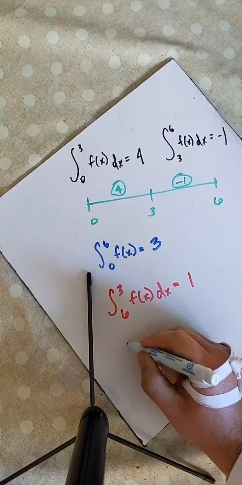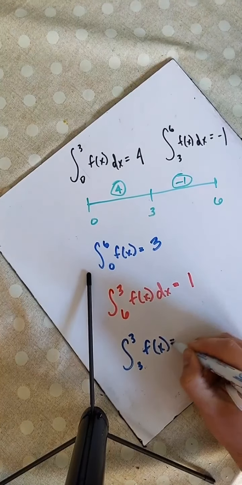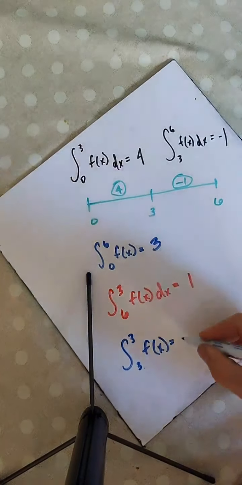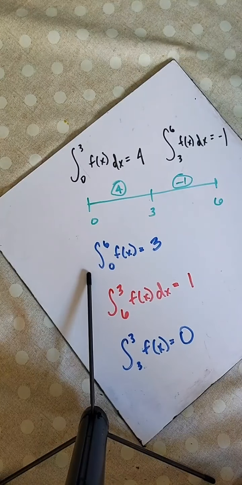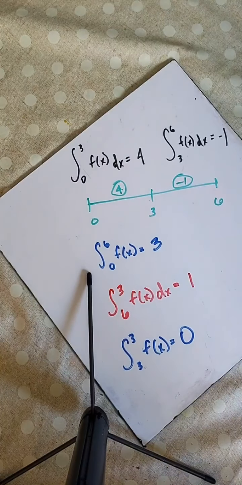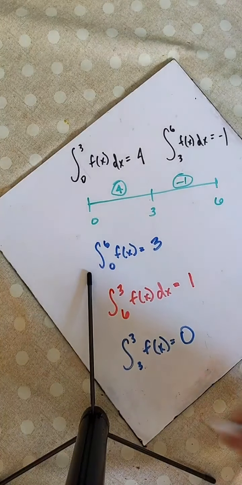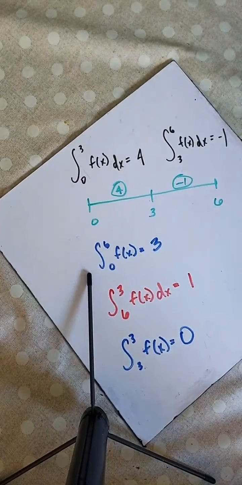For choice C, the integral from 3 to 3 of f of x, anytime we start at a number and end at that same number, we have a total displacement of 0. So that would be an integral of 0. And then the last problem here. I'll use a different color.